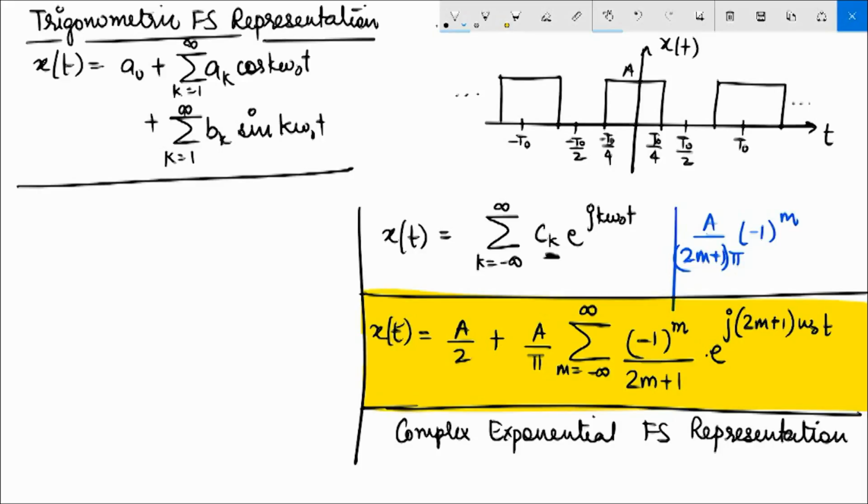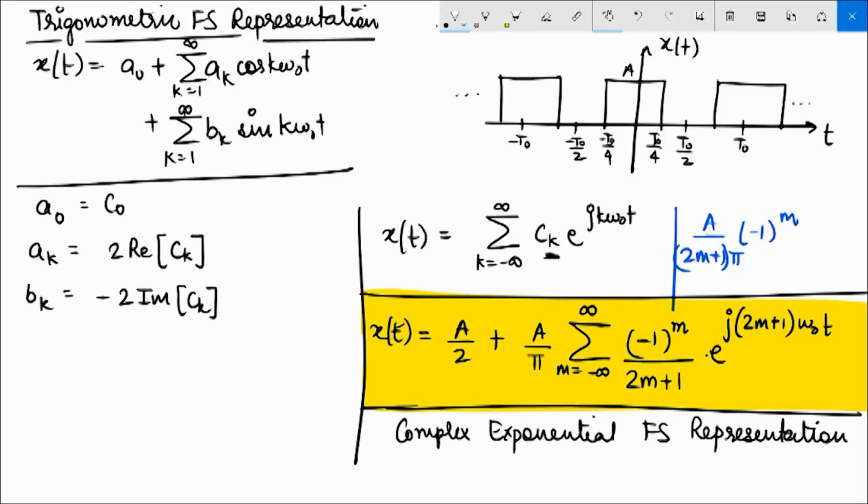In an earlier lecture, we have already found a relationship between complex exponential Fourier coefficients and trigonometric Fourier coefficients. And we said that if we know the complex exponential Fourier coefficients, trigonometric Fourier coefficients can be found as a0 is simply c0, ak is twice the real part of ck, and bk is minus 2 the imaginary part of ck.